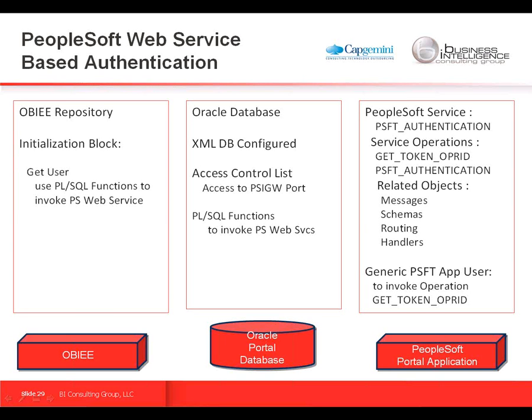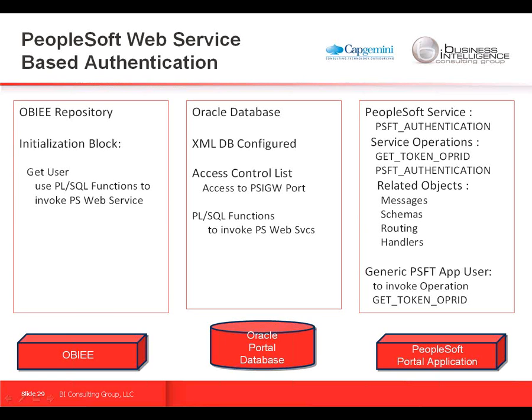And the simple authentication service, again, the PeopleCode behind that service really did nothing, but it was the actual integration broker and the application server that would validate the PeopleSoft user and password. Along with that service goes the message, the schema, the routing.